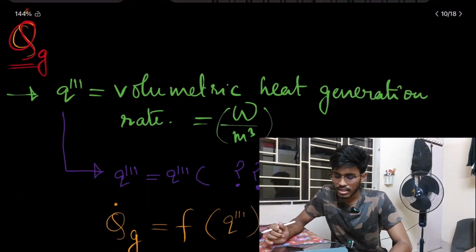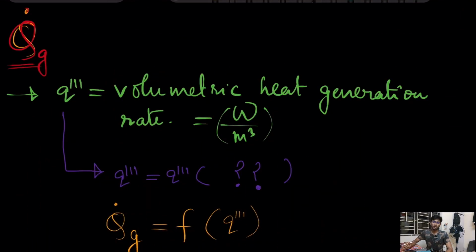Now let us directly jump into our advanced conduction series. In the previous lecture, I gave you some homework. The main homework was to express Q dot G, the total heat generation rate, in terms of the volumetric heat generation rate.